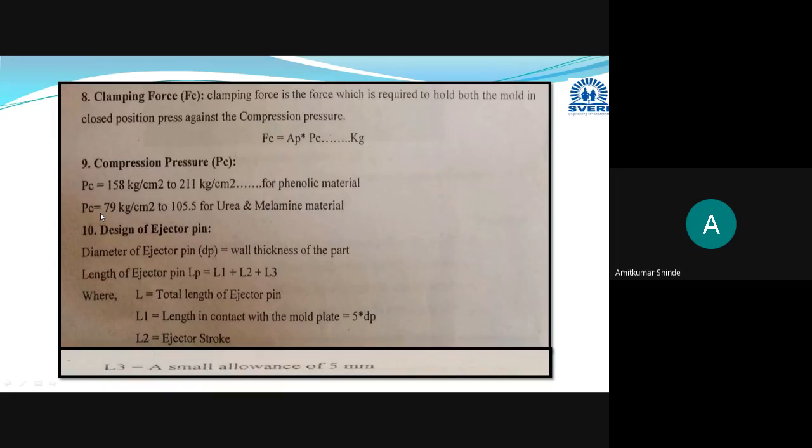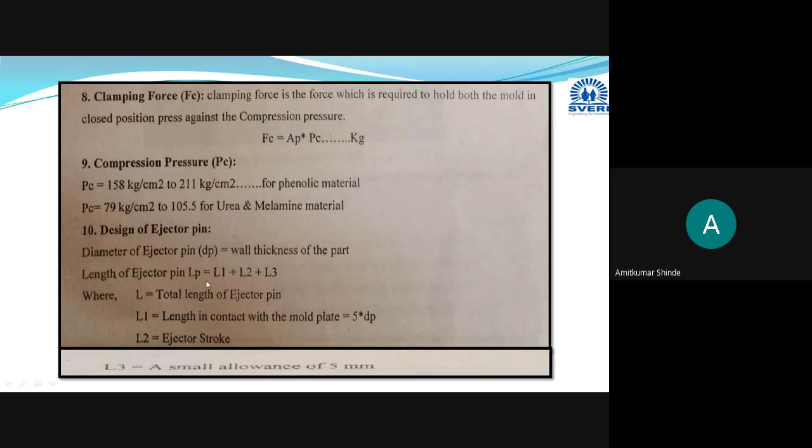Then after this, the design of the ejector pin and the design of the punch. These two are the last parameters in the design of a compression mold. Here you have to determine the diameter and length of the ejector pin. The diameter of the ejector pin is equal to the wall thickness of the part. Whichever wall thickness is there, that will be the diameter of the ejector pin.